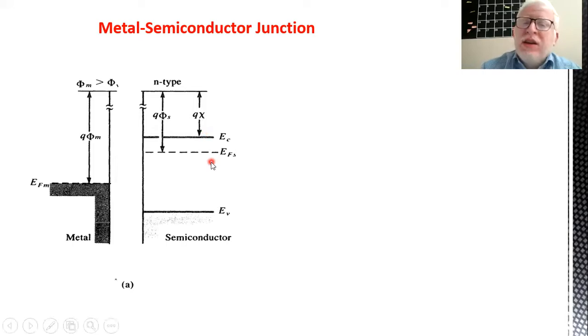In this case, we have an n-type semiconductor because the Fermi level is closer to the conduction band. The second question is: what is the relation between phi m and phi s? It's quite observable that phi m is much greater than phi s in this case. So the givens here are that the semiconductor is n-type and phi m is greater than phi s.